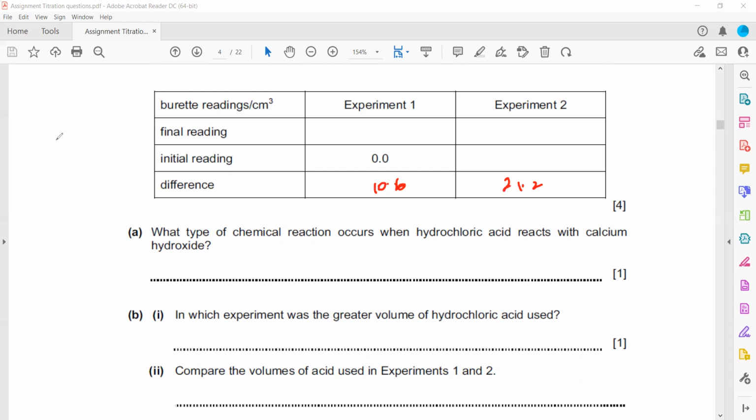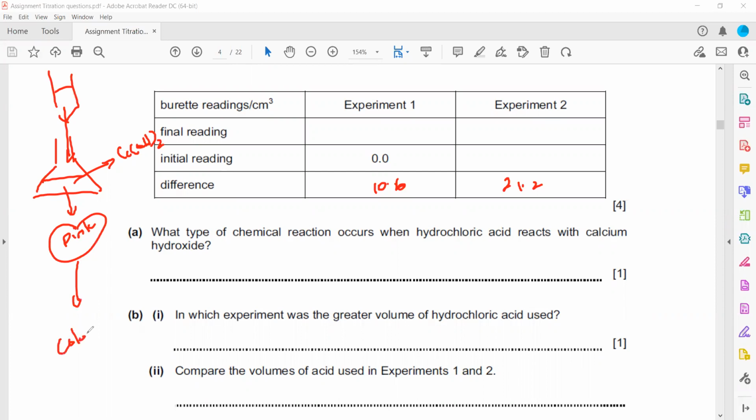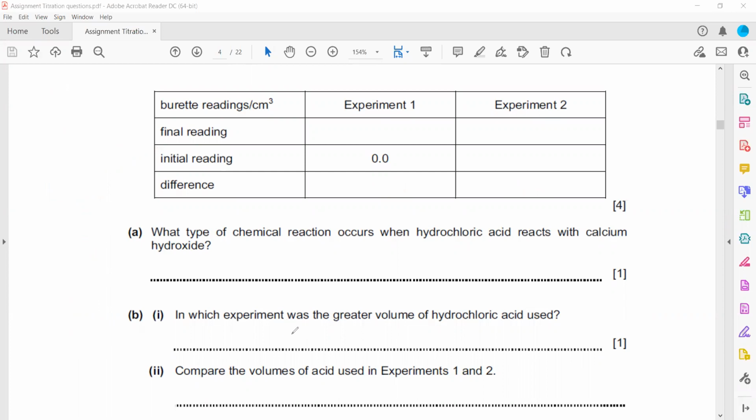As I mentioned, because in the conical flask you have calcium hydroxide initially, when we add drops of indicator, the initial color is pink. But when we add hydrochloric acid, this pink color will change to colorless. Initially it is pink, the final is colorless, because all of the alkali is used up, and then we'll have an acidic solution. So experiment 2 is using a greater volume.